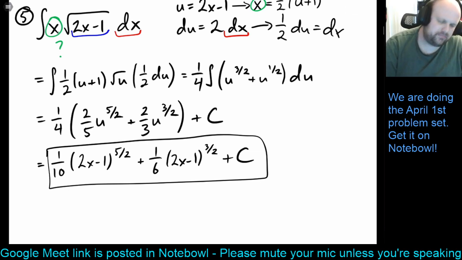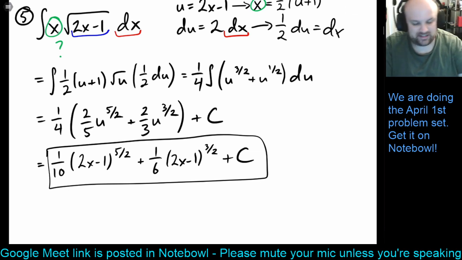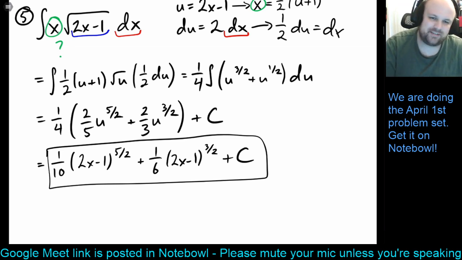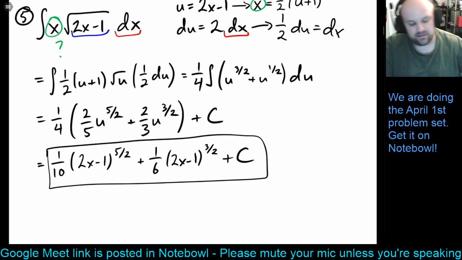So the answer, interestingly, becomes quite complicated compared to the original answer here. But, it happens. Not that bad. If we factor out this part here, the (2x minus 1) to the 3/2, we'll get a bit of simplification, but no real need to do that. Any questions here?